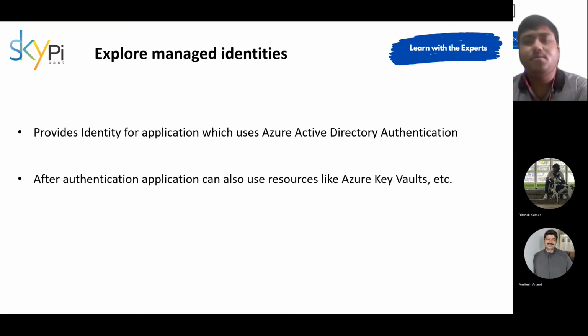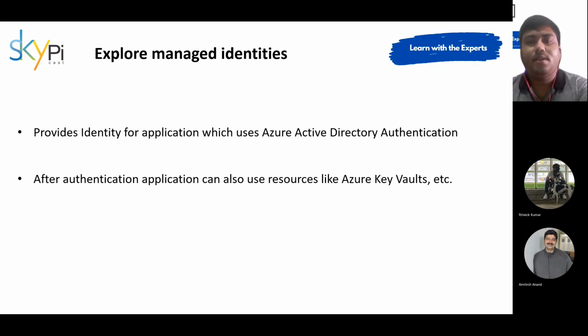We will go into details of what it means. So let's say an application is an API and it uses a SQL database. The API is hosted or deployed in an Azure App Service, and the SQL database is also deployed in the Azure SQL database service.